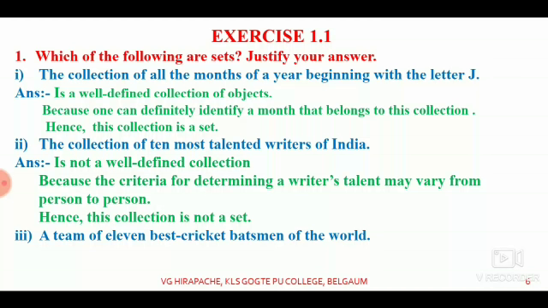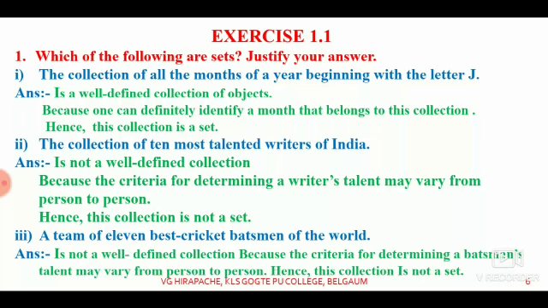Let me take the third example. A team of 11 best cricket batsmen of the world. Once again, you have to answer whether this collection is a set or not. Dear students, a team of 11 best cricket batsmen of the world is not a well-defined collection, because the criteria for determining a batsman's talent may vary from person to person.